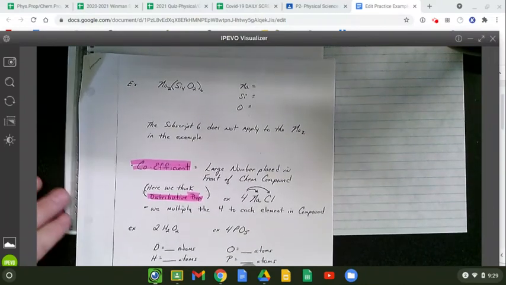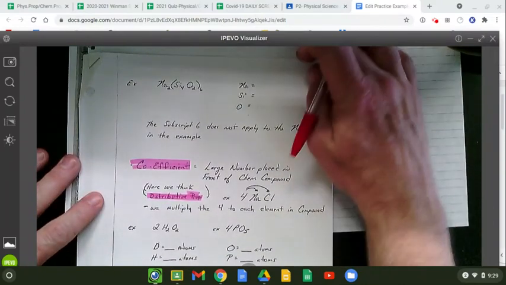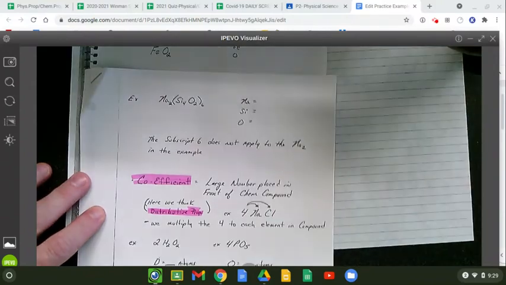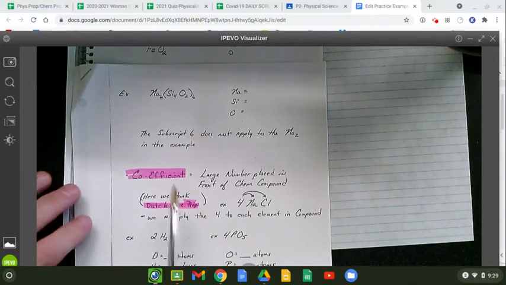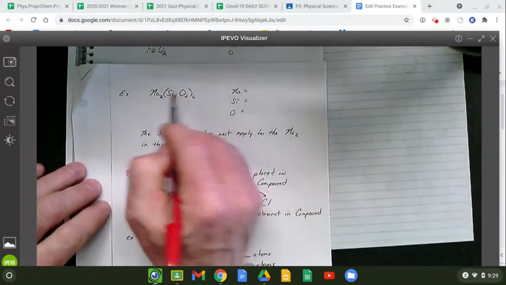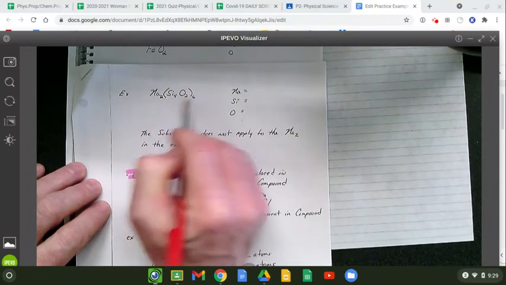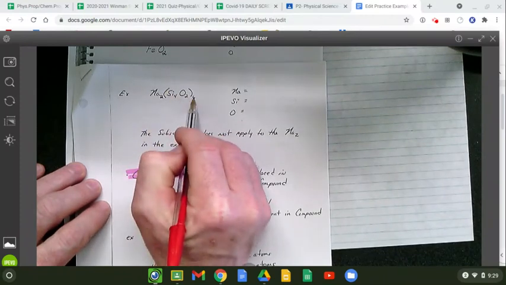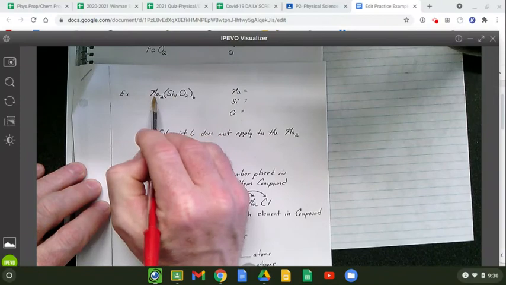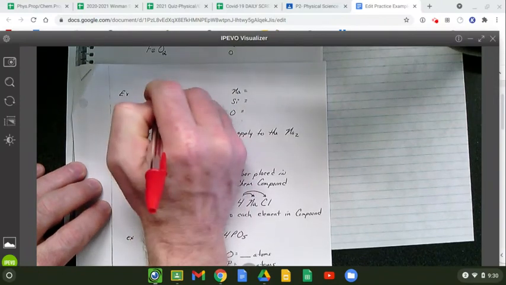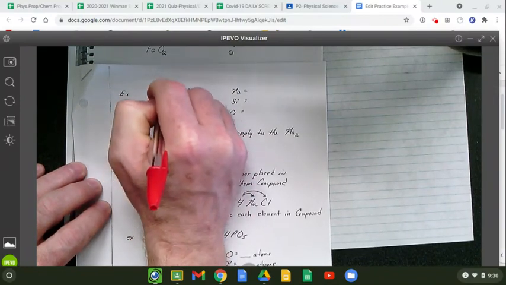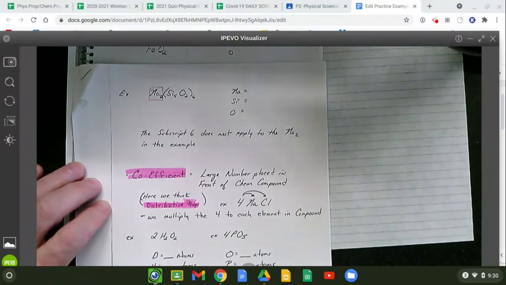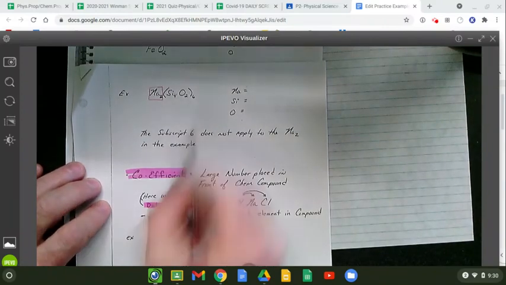In this example, we have something similar to what we just saw, where we have a compound with a subscript, but then we also have 2 sodium atoms outside the parentheses.